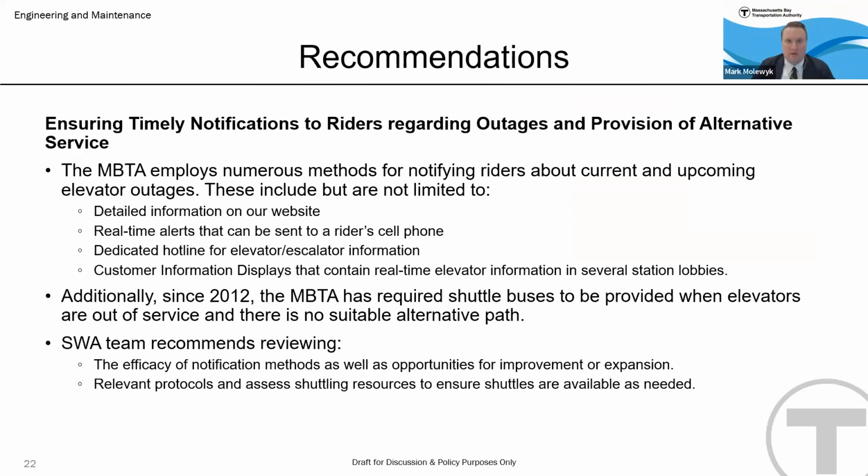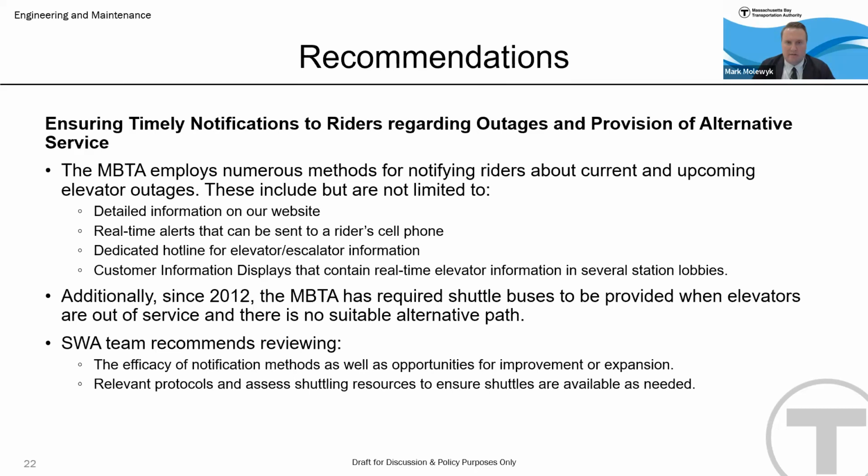Thanks, Mark. In addition to the actions to date that Mark just presented on, we had 4 recommendations that we'd like to propose moving forward. So the first one is ensuring timely notifications to riders regarding outages and provisions of service. The MBTA already has numerous provisions for notifying riders about current or upcoming outages, which include our website, real-time alerts being sent to the rider's cell phone, a dedicated hotline for elevator and escalator information, and customer display boards with real-time information at stations.